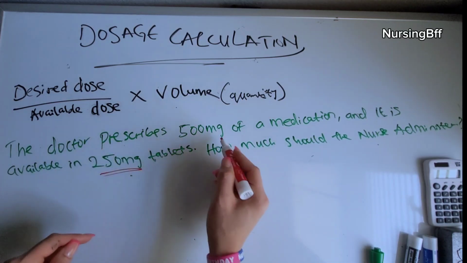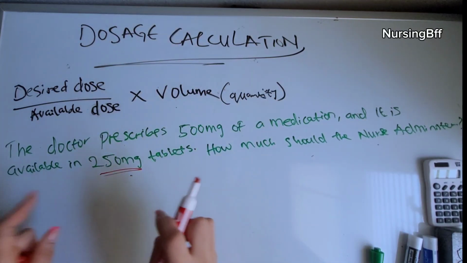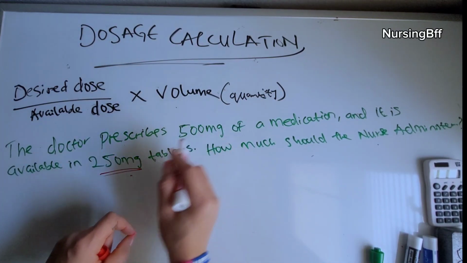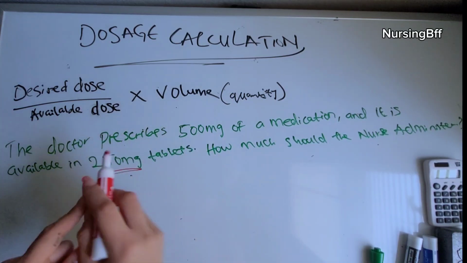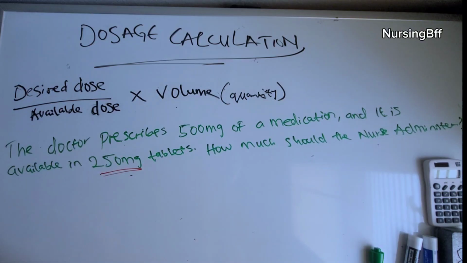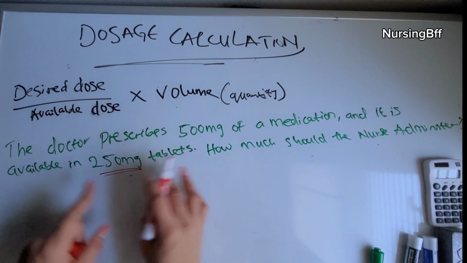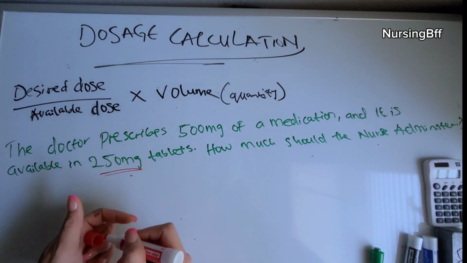This is in milligram, this is in milligram, so we don't have to convert. Sometimes this could be in grams and this in milligram, or the other way around. This is where the conversion in the previous video comes in. But right now, we don't need to convert because both of them have the same units.